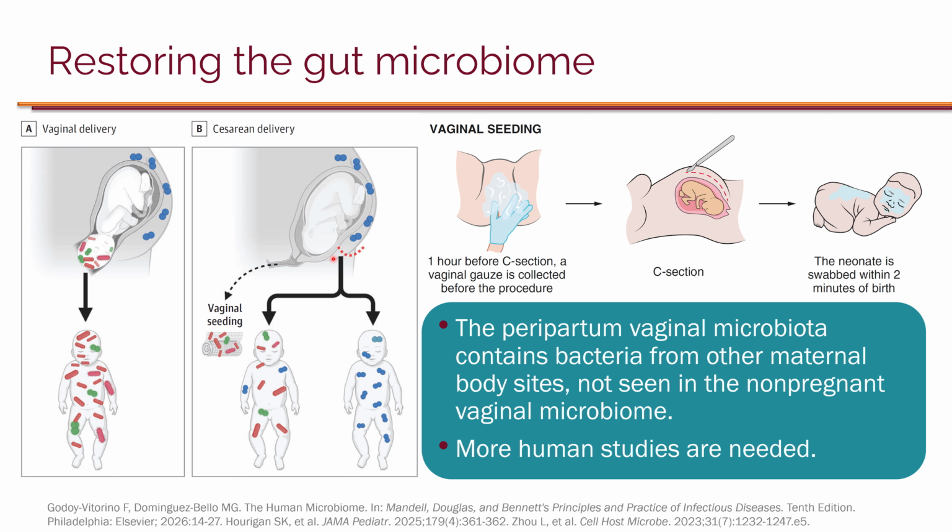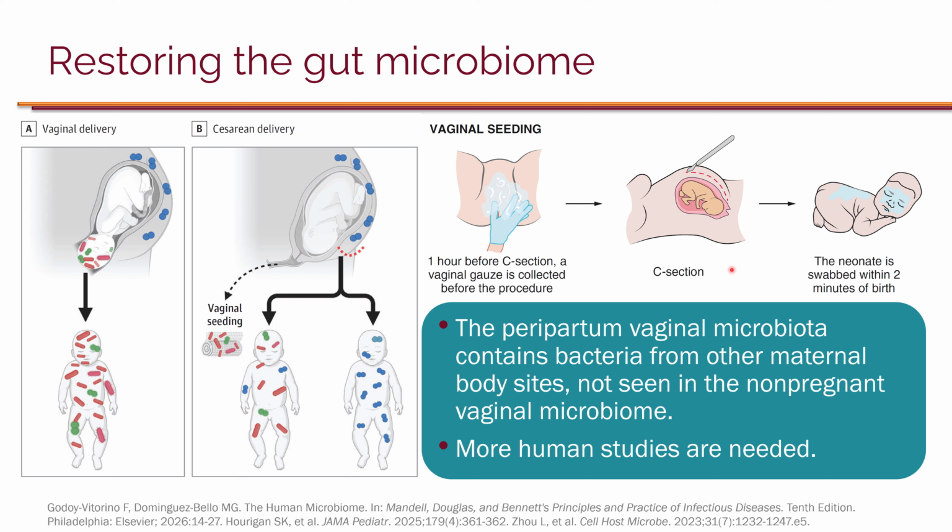So one idea is the idea of vaginal seeding. So this is specifically for someone who is about to undergo C-section, because they will miss the opportunity of getting exposed to vaginal microbiome. The idea is that an hour before the C-section, a vaginal gauze is collected before the procedure. So this is essentially collecting all the vaginal microbiome.